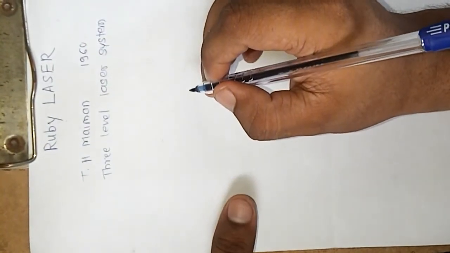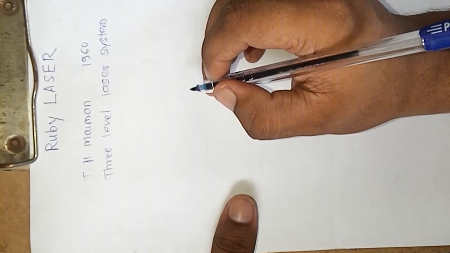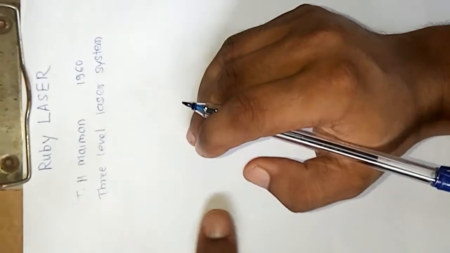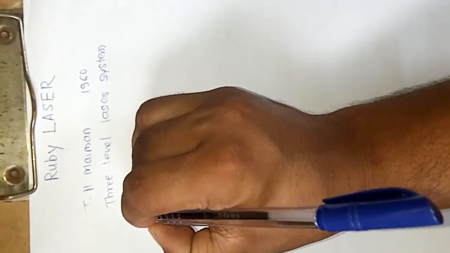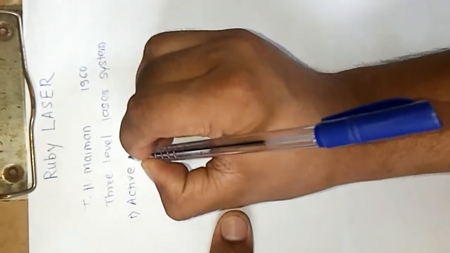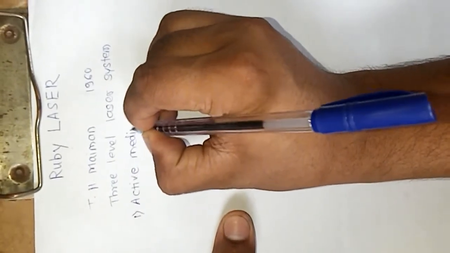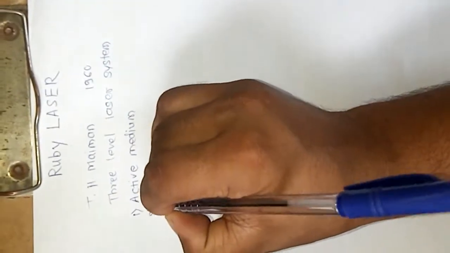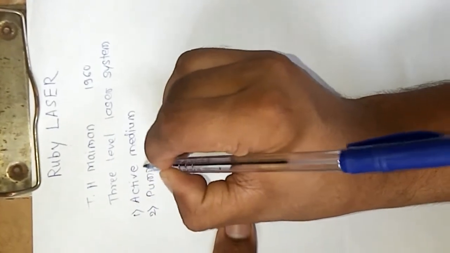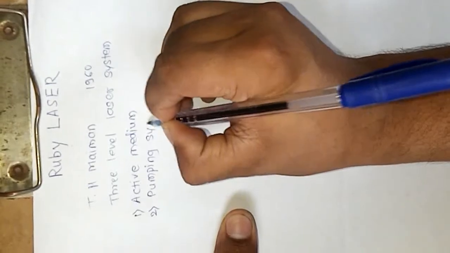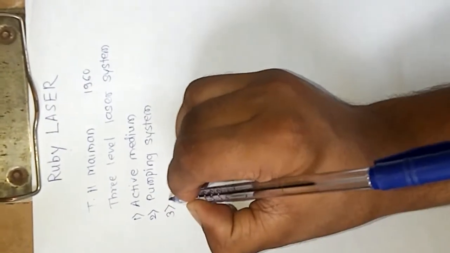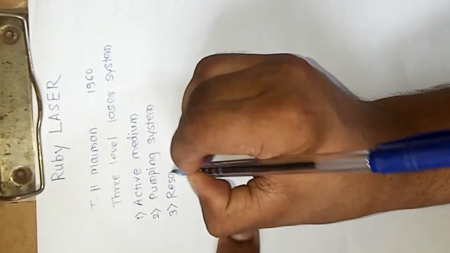We know for any laser we have to fulfill three conditions. That is, we require three basic components of a laser. First, an active medium is required; second component is a pumping system; and third requirement is a resonance cavity.